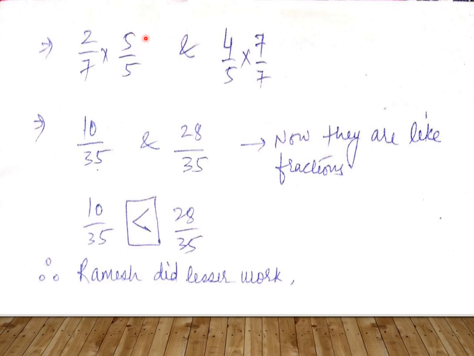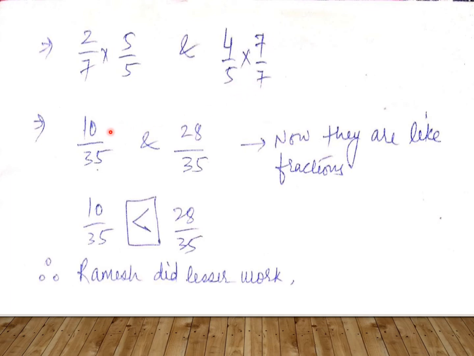But I have written like this. Why have I written 5 only? Because 7 5s are 35. This will give me the denominator 35, which was required. Similarly, in the second fraction, I have multiplied with 7 upon 7, which is again 1 only. So why 7 upon 7? To make the denominator 35.